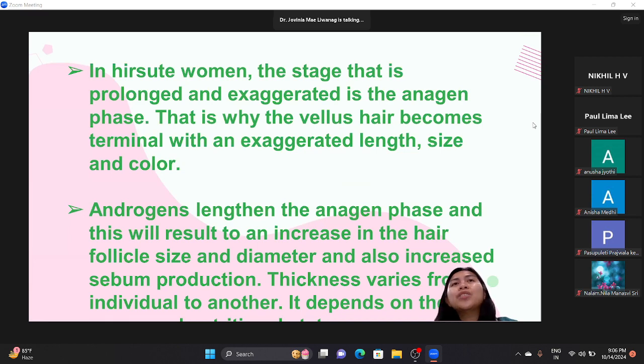That is why the vellus hair becomes terminal, with an exaggerated length, size, and color. So androgens lengthen the anagen phase, and this will result in an increase in the hair follicle diameter and also an increase in sebum production.